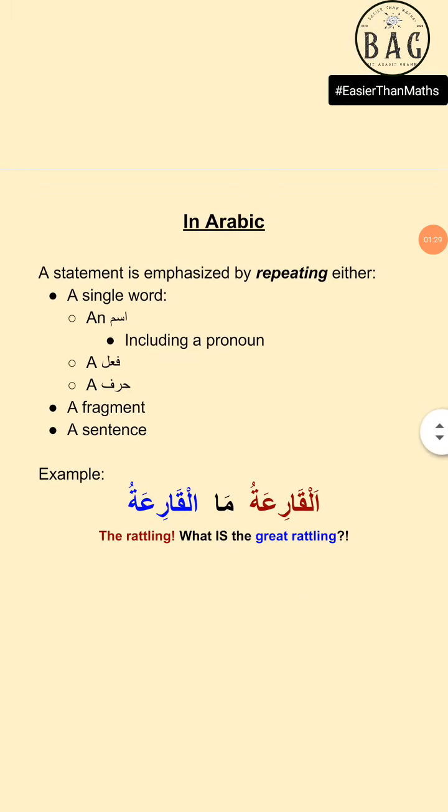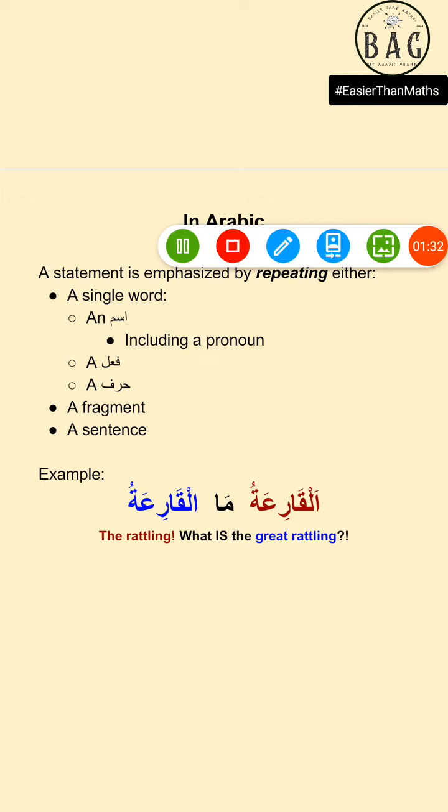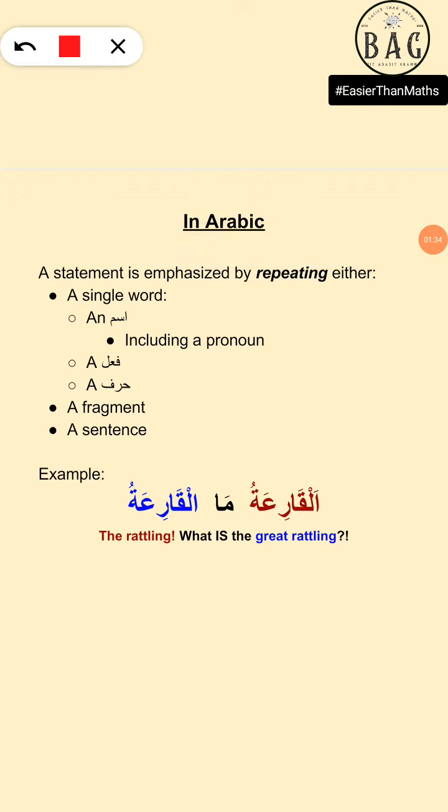Now what happens in Arabic is no different actually. It's a statement that is emphasized by repeating either a single word, a fragment, or a sentence. And of course, a word can either be a harf, fail, or an ism. These single words can also be used to emphasize the statement.